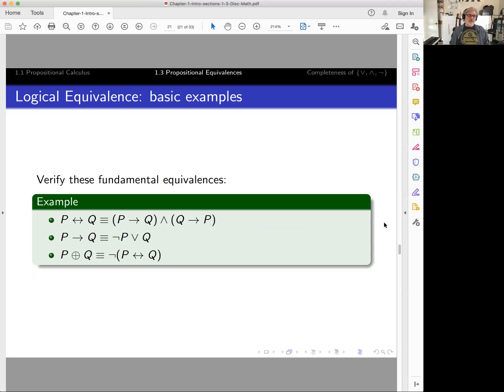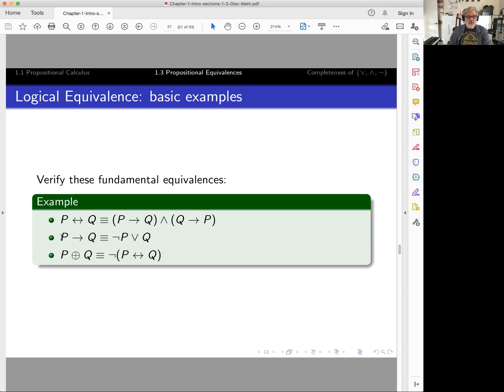Okay, so the next thing would be to verify these fundamental equivalences. Basically, what I'm doing here is showing you that the biconditional can be expressed in terms of implication, and implication can be expressed in terms of or and not.